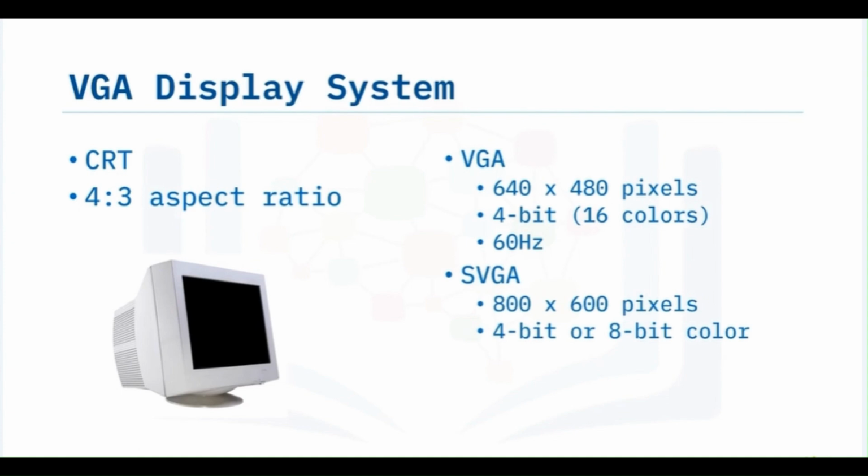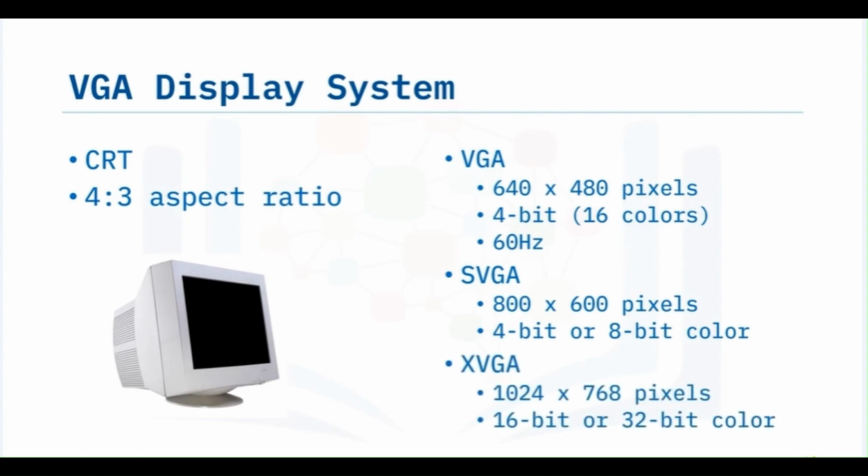This was superseded by the SVGA standard, supporting 800 by 600 resolution and 4 or 8-bit color. The next iteration, using XGA standards, supported 1024 by 768 pixel displays, 16 or 32-bit colors, and a higher refresh rate. All of these displays used a 4:3 screen width-to-height aspect ratio.